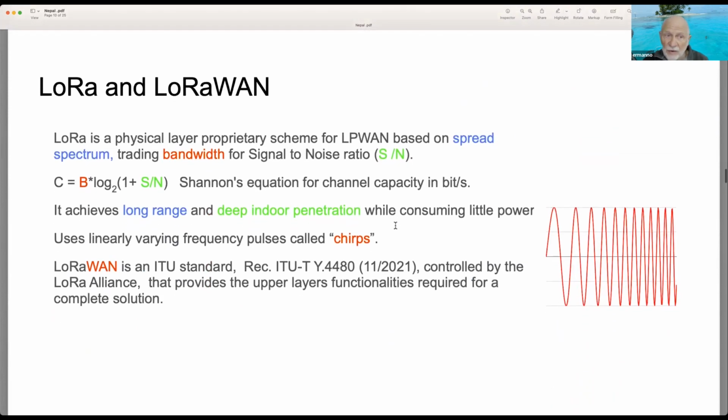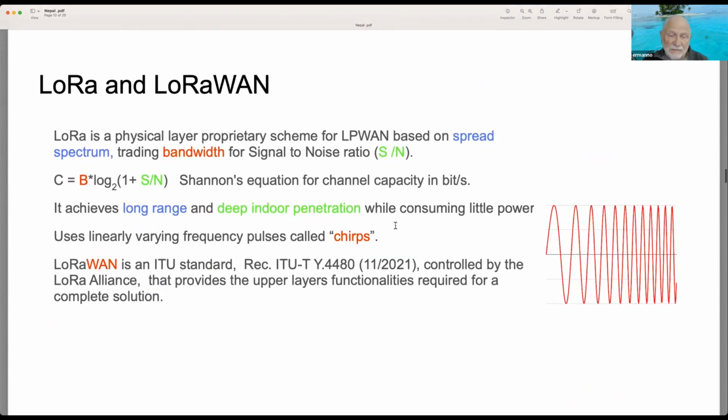Here comes LoRa. LoRa is a type of spread spectrum modulation, which takes advantage of the possibility of spreading the spectrum using a particular type of signal called the chirp, which is a signal varying in frequency.